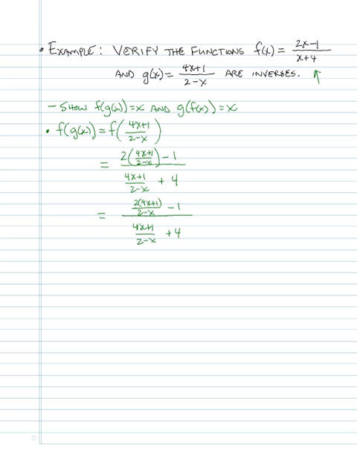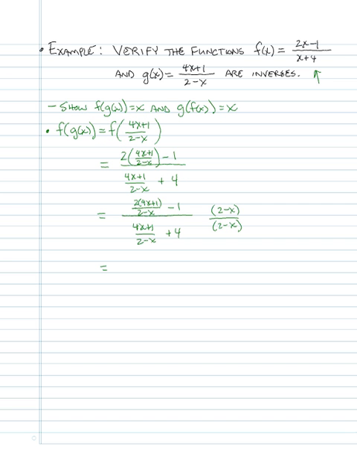Now, to simplify this fraction, we need to make those fractions within the fraction reduce to non-fractions. So if we multiply the numerator of the big fraction by the denominator of the little fraction, then that will reduce. But if we do that to the numerator, we have to do that to the denominator as well. And that will also make the fraction in the denominator reduce.